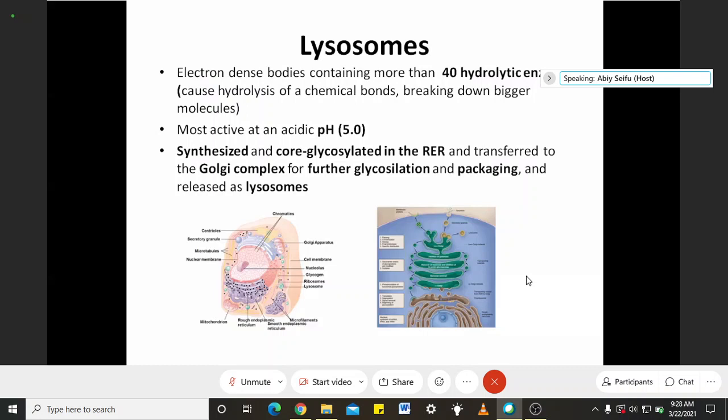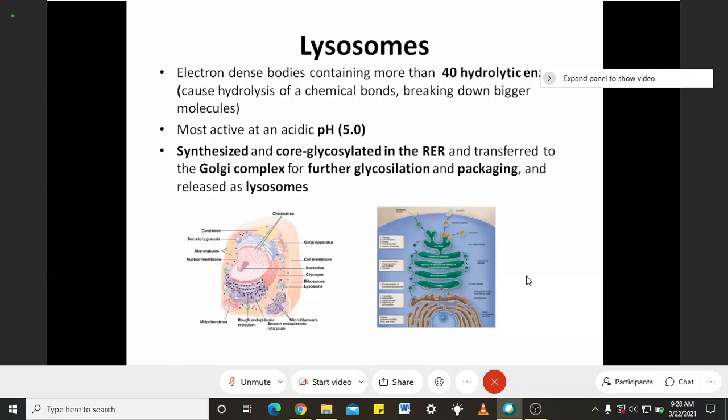If the membrane breaks down, these enzymes would leak out into the cytoplasm and be able to digest the cell itself. As a result, these lysosomes are known as suicide packets.